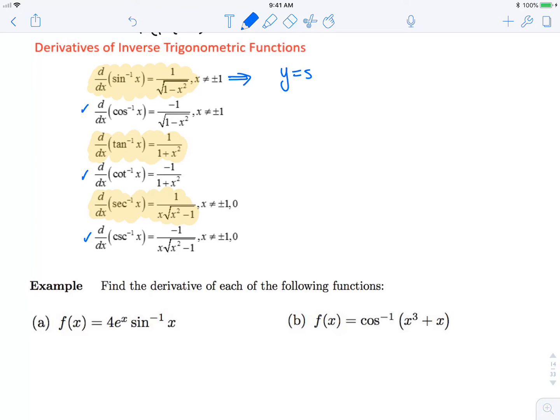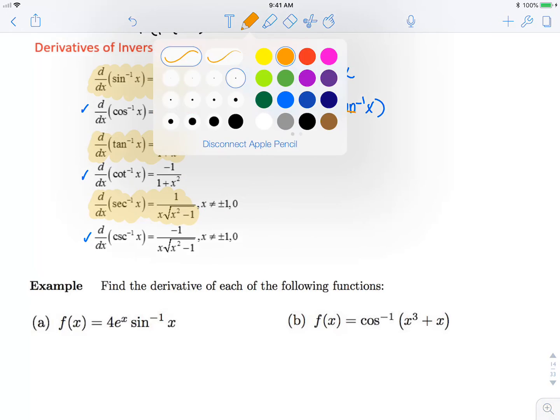So let's say y equals sine inverse of x, and we want to find this derivative. Now, we don't know how to find the derivative of the inverse, so I'll take sine of both sides. And when I take sine of sine inverse, it cancels out.